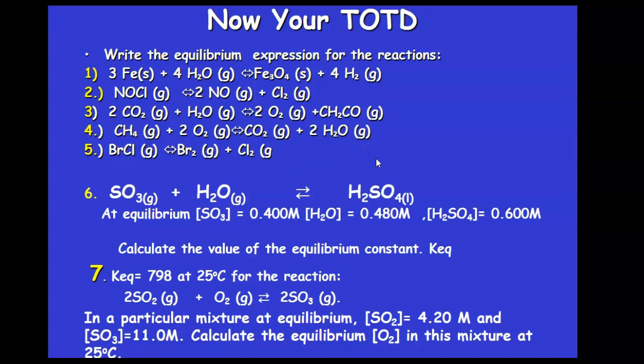If it is solid or liquid, it's going to be 1. Maybe they are gases, then you have to look at the equation and check if they are all balanced. I think they are all balanced, so you don't have to, but still try to check. Anytime you have a question like that, try to check the equation, make sure they are balanced. So questions 1 to 5, you write the expression. For questions 6 and 7, you have to do some calculations, some tricks.